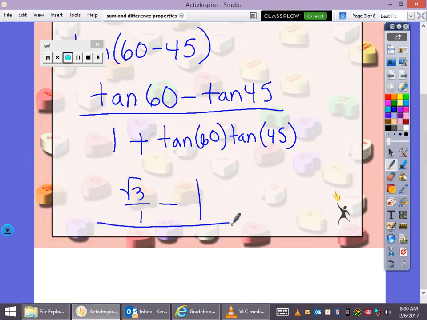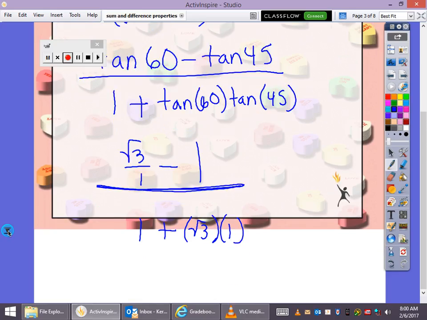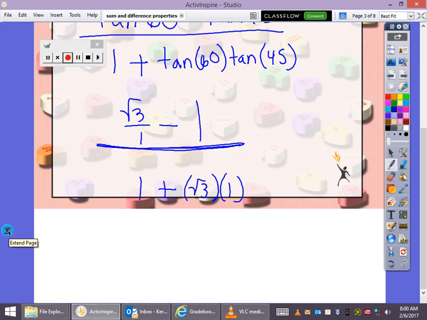That is all over 1 plus square root of 3 times 1.